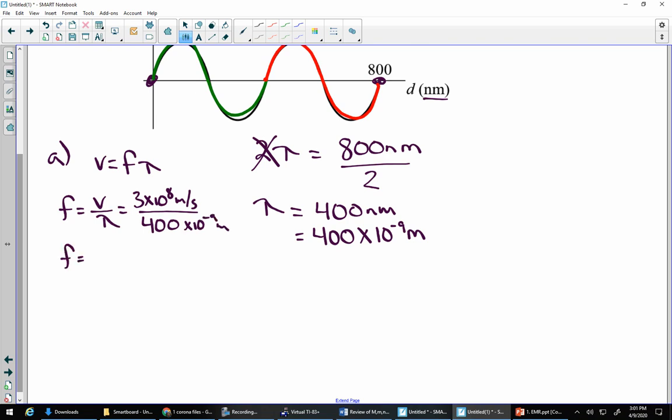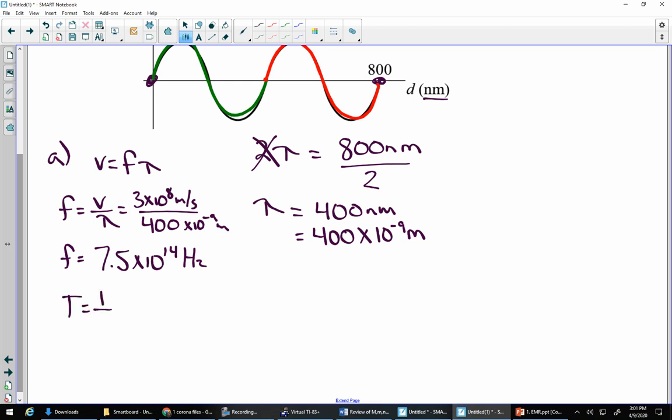We plug those numbers in, and just put the video on pause if you need to. Plug the numbers in, 7.5 times 10 to the power of 14 hertz. Now just remembering what that means, that's 7.5 times 10 to the power of 14 cycles every single second of this wave. That's crazy, crazy fast. So we're expecting a small period for this.